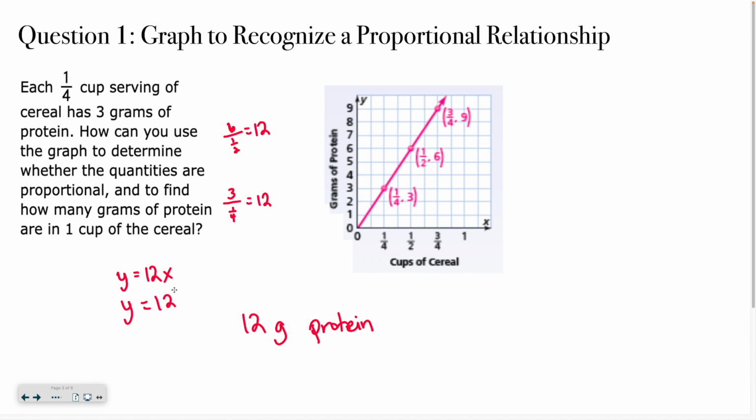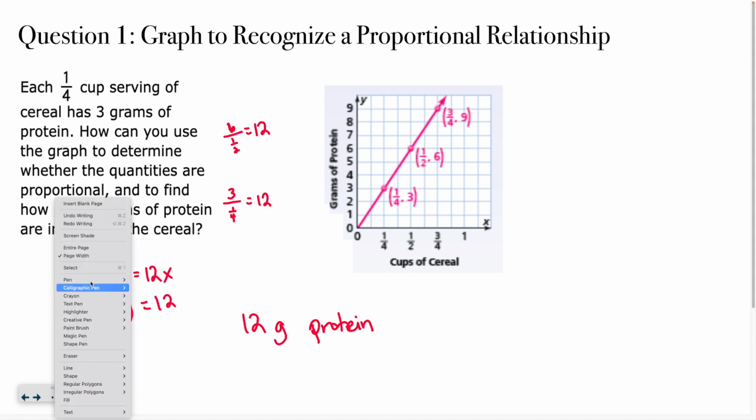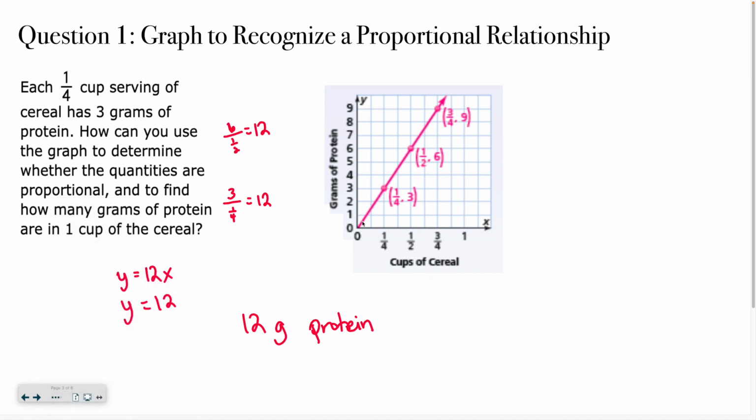Something that I have not mentioned to you yet, and it's something that's going to come up again later in this video, is that in order to determine a proportional relationship, if you were to graph it, it has to be a straight line. Okay, so it has to be a straight line, meaning there cannot be any sort of curve to it. Okay, and it has to go through the origin. Okay, so you can see here that it goes through that origin, right? It touches it. That tells me that this is a good start.